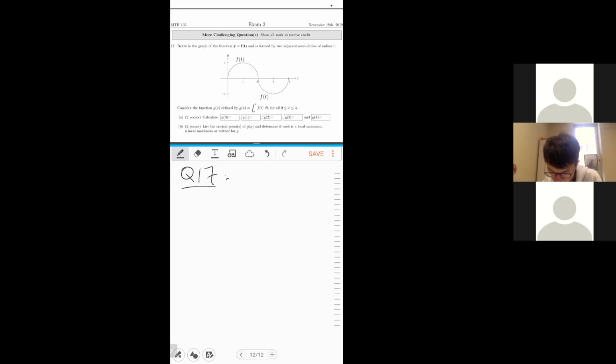It's formed by two adjacent semicircles of radius 1. Consider the function g of x defined by the integral from 0 to x, where x goes from 0 to 4. First part, calculate g of 0, g of 1, g of 2, g of 3, and g of 4. Any ideas?